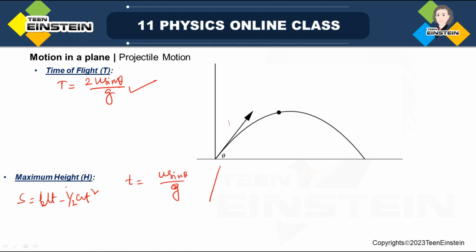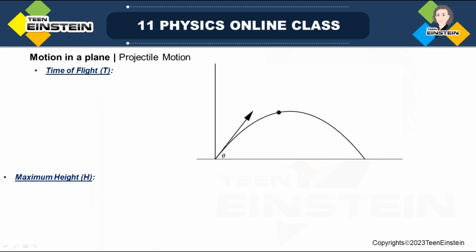Or else, we have the initial velocity u sine theta along with u cos theta, and at the maximum height, noted by capital H, we have to find the maximum displacement. Here the velocity will be 0. The initial velocity we know, and the acceleration is due to gravity.